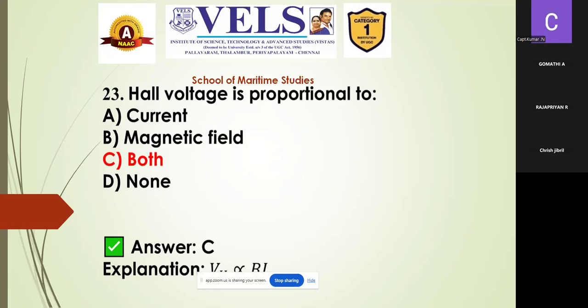Option A is current, option B is magnetic field, option C is both, option D is none. The answer is C, current and magnetic field. Hall voltage is directly proportional to B and I, magnetic field and current.